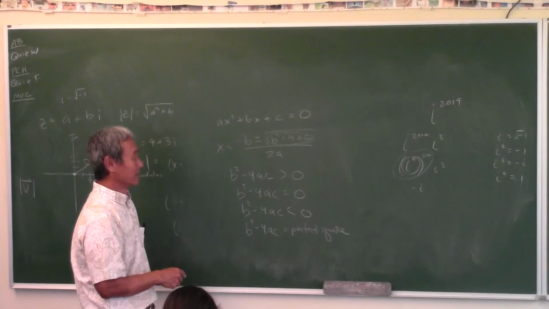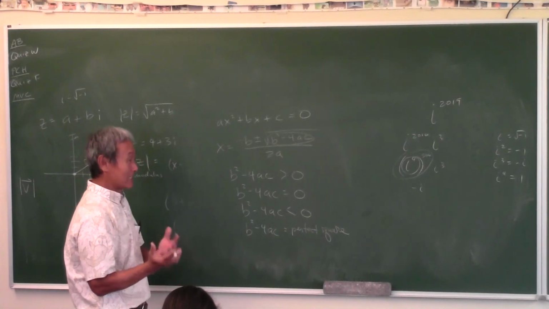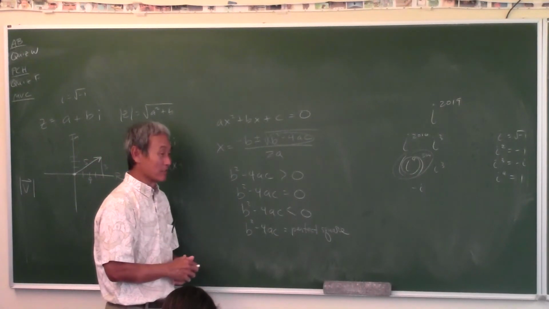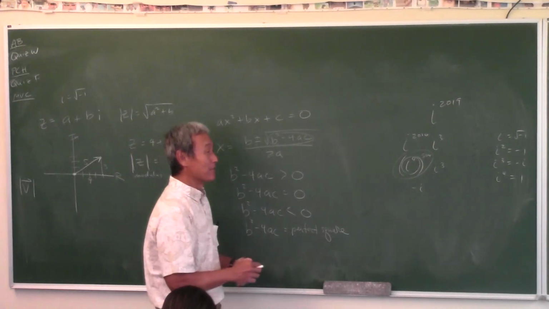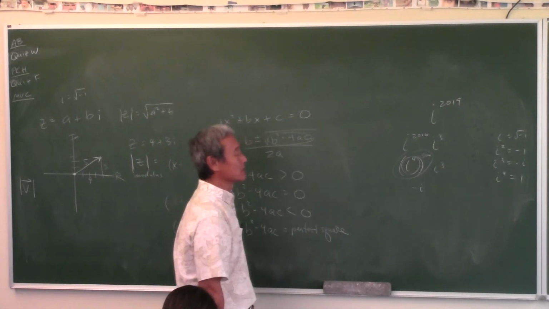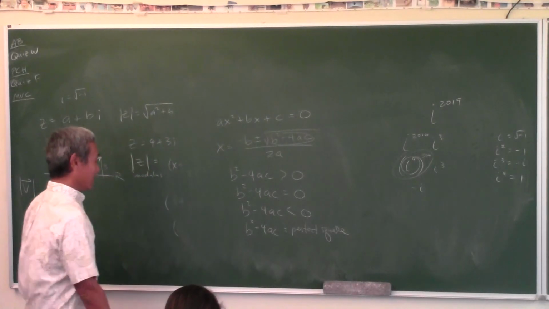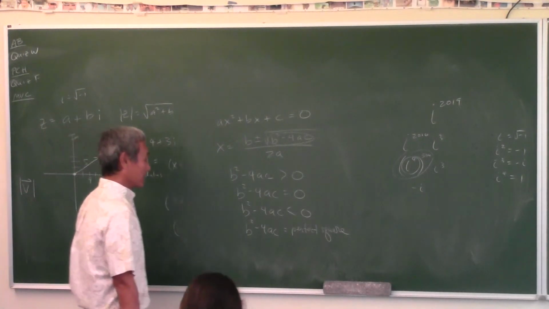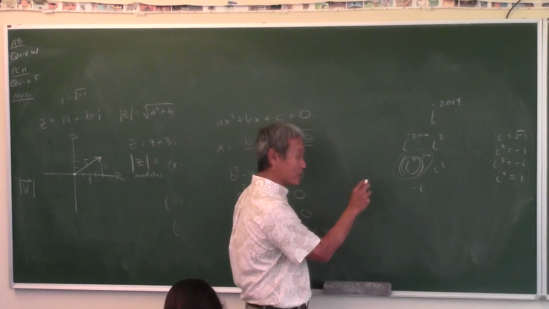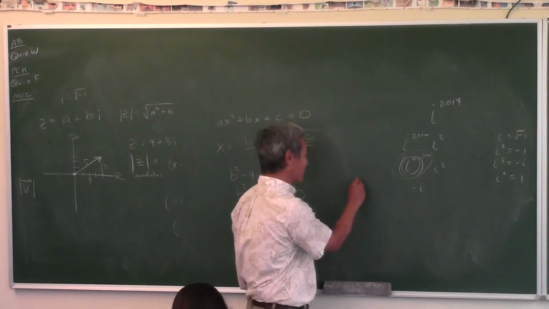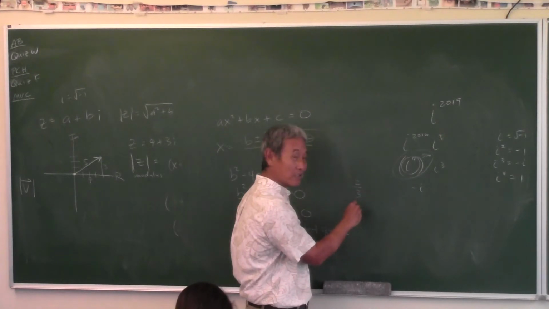You guys know what a rational number is? A number that can be written as a ratio. A rational number is a number that can be written as an integer over another integer, like 2/3.